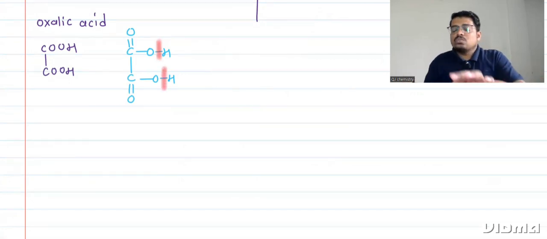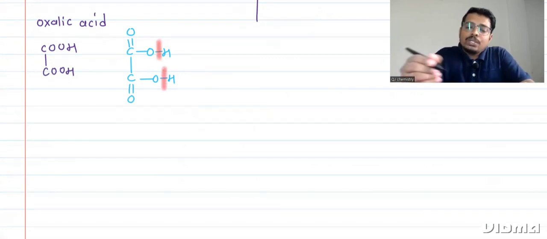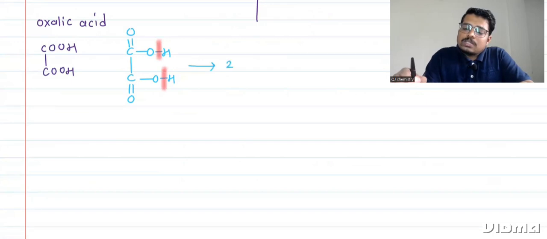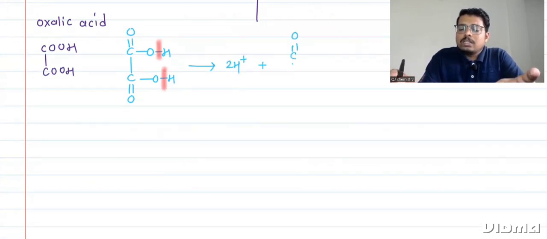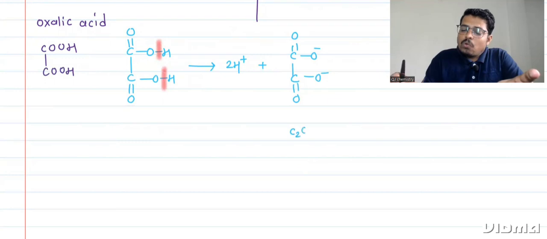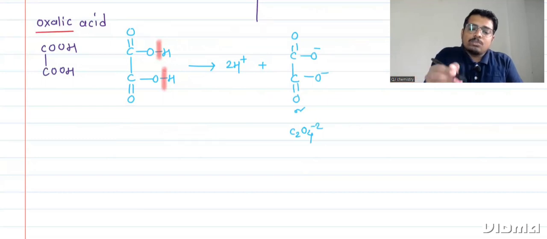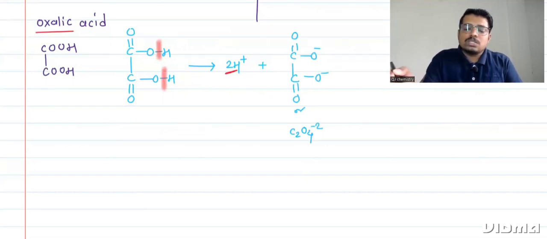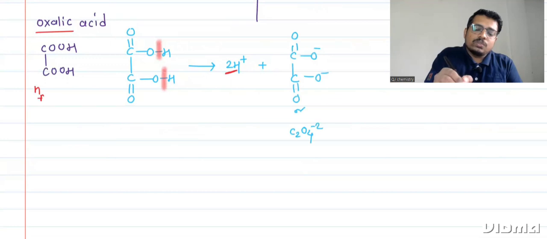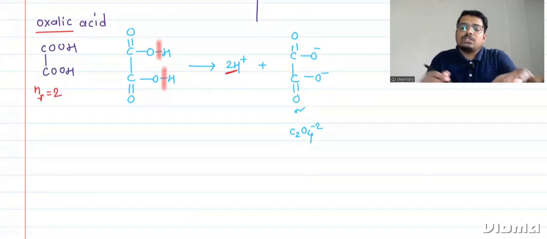On dissociation of these two bonds, we get 2H+ ions in the solution, plus the oxalate part remains as it is, the oxalate ion, that is C2O4 2- ion. So here one oxalic acid molecule gives 2H+ ions. So its n factor is equal to 2.